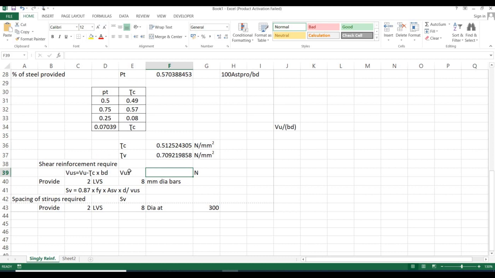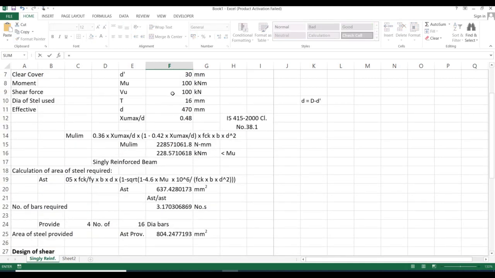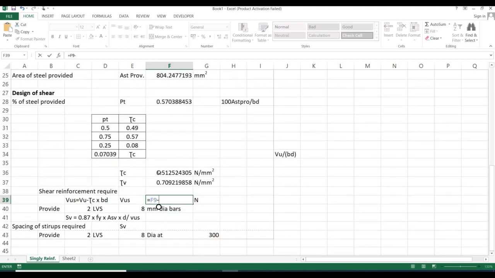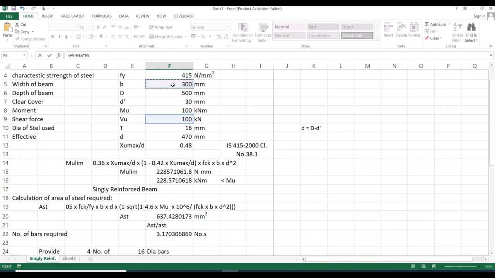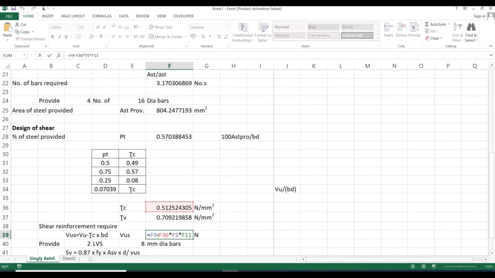In that case, Vus can be calculated as Vu, that is 100, minus tau c into B into D. Here I have to make this in Newton, into 10⁻³.